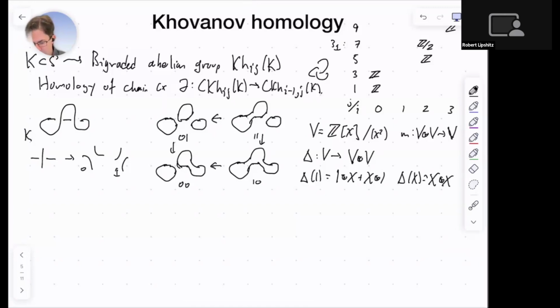Now, to get the Khovanov complex, what you do is you take each circle in this cube of resolution, and replace it by a copy of V, and disjoint union by tensor product.